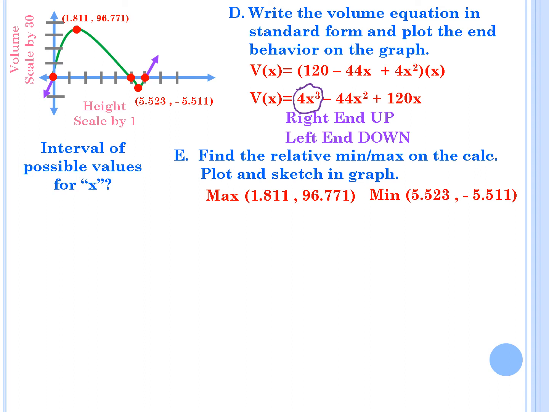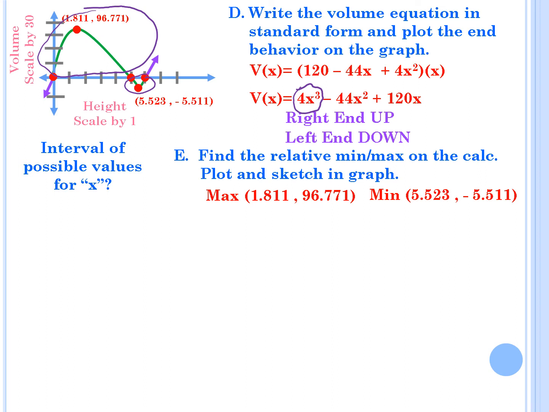The x represents the height of the box. So if this curve represents volume, then when my curve is above the x-axis, that means that my volume is positive. When my curve is below the x-axis, that means that my volume is negative.